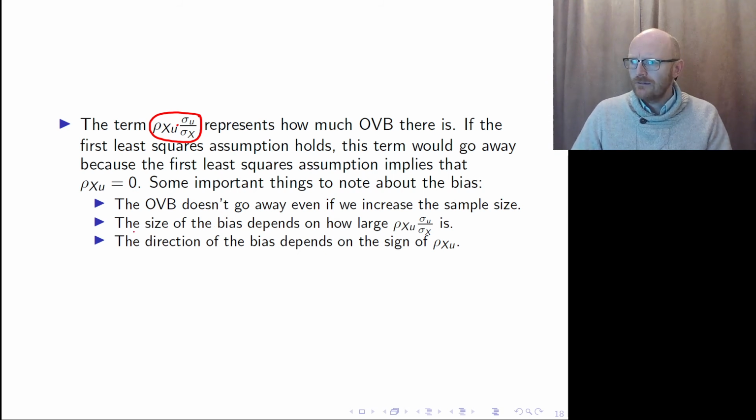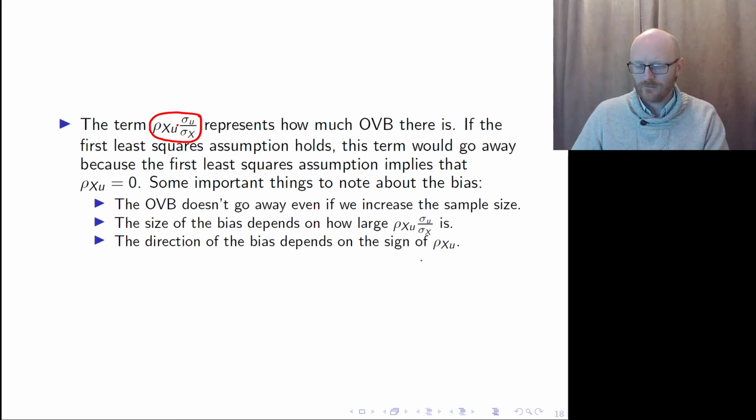So the size of the bias depends on how large this term is. You see that if the standard deviation of the residuals is large and the standard deviation of x is low, then the bias increases in size, and the direction of the bias depends on the sign of the correlation.